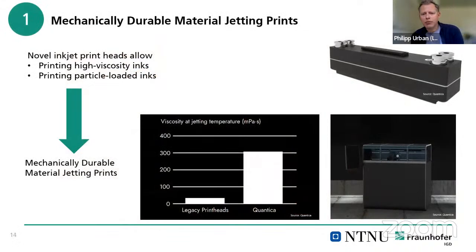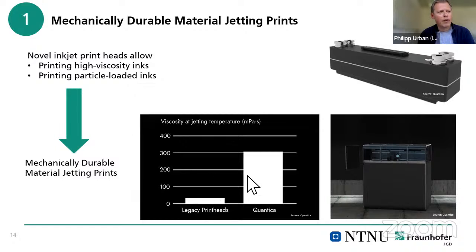Good. What comes next? What is the future of appearance 3D printing? This is not directly linked to computational fabrication, but it's very important because I think it marks a tipping point. Recently, new printheads were developed. These printheads allow printing very high viscous inks and also particle loaded inks.